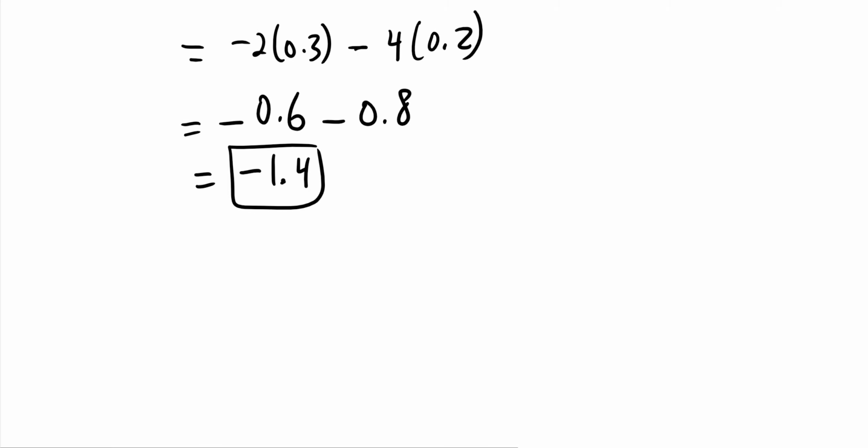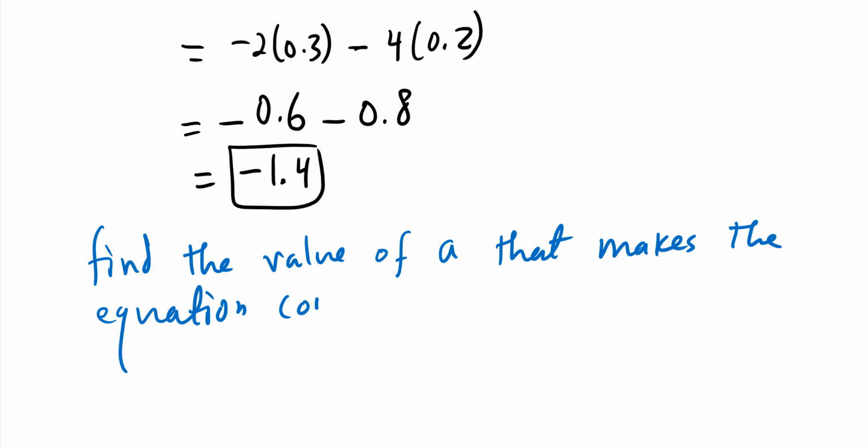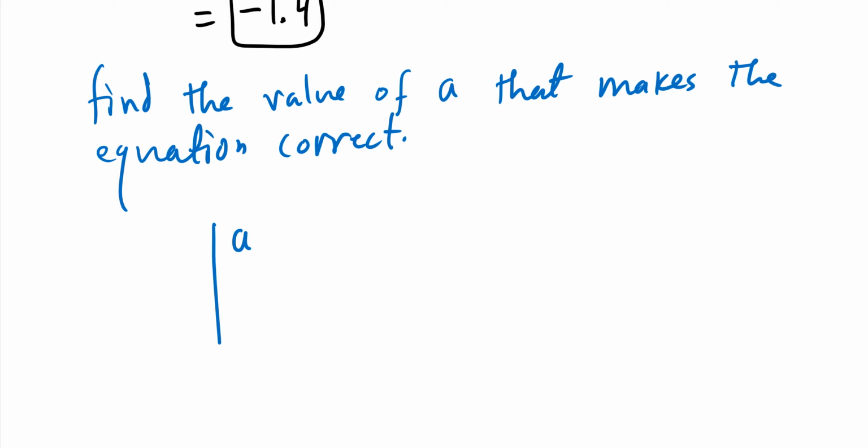To practice more on this, let's look at a slightly different kind of question. Find the value of a that makes the equation correct. a, 0, 1, a equals 0.